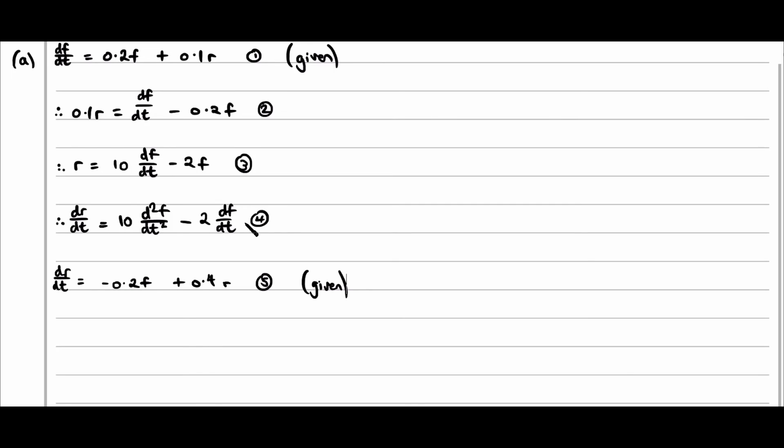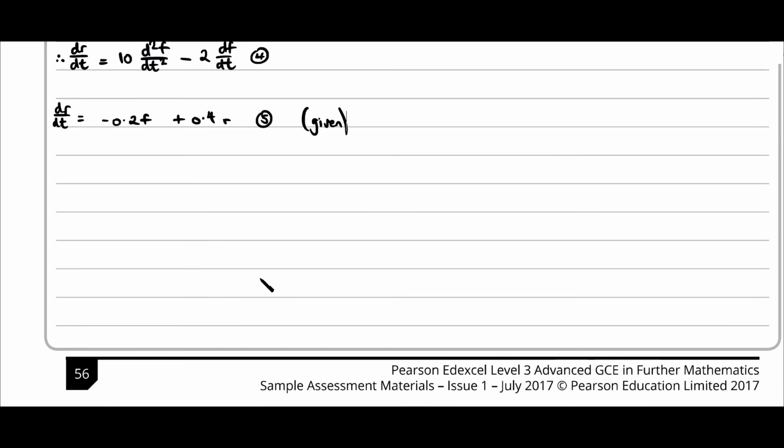Now, if we substitute equation 4 into equation 5, let's write this out neatly. Now we have minus 0.2F plus 0.4R equals this thing over here.